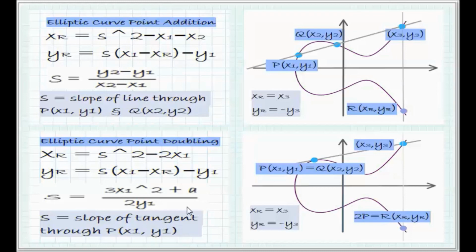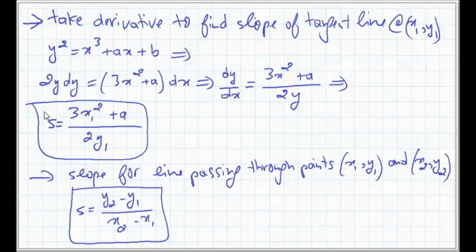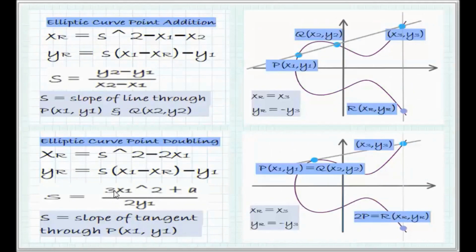And the slope is different, we just derived it here. So it's (3x squared + a) over 2y1, and this is the slope of the tangent line through P (x1, y1), which is the same here as Q (x2, y2).